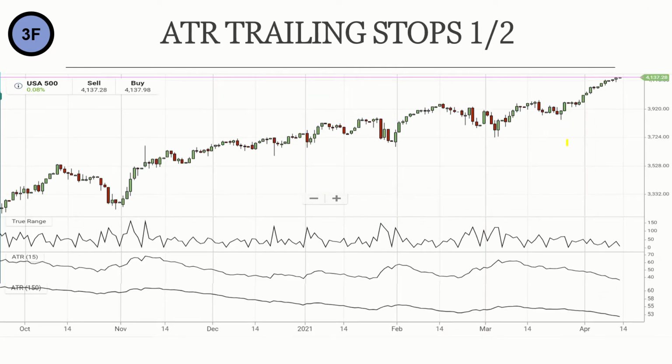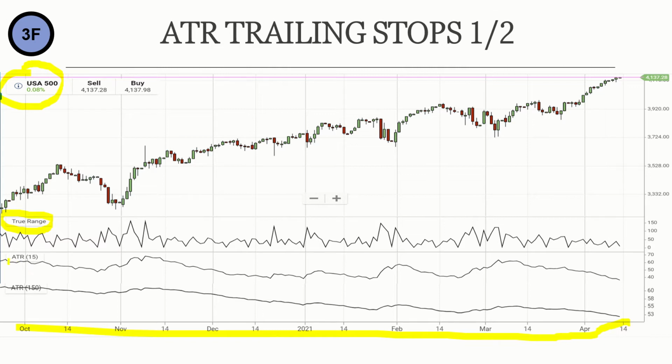Here we have 6 or 7 months, maybe, of the Standard & Poor 500. Here you have the chart with the candlesticks, and here you have the true range. The true range, as you can see, oscillates quite a lot.